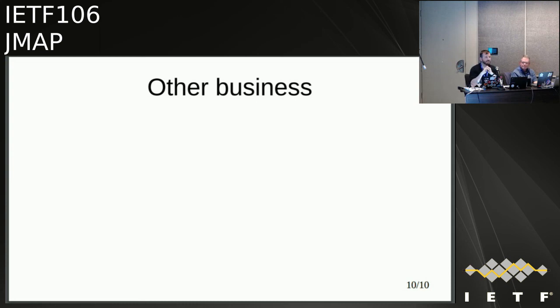And other than that, the quota work's probably the immediate thing that we should be discussing on the list and getting that nailed down. MDN will mostly be contacting the authors and saying, do you think you're ready to go? Maybe we should implement it as well. Test it. All right. Anything else?